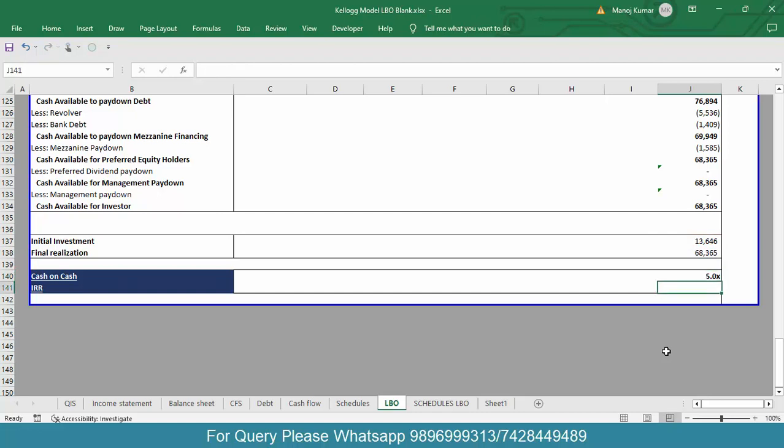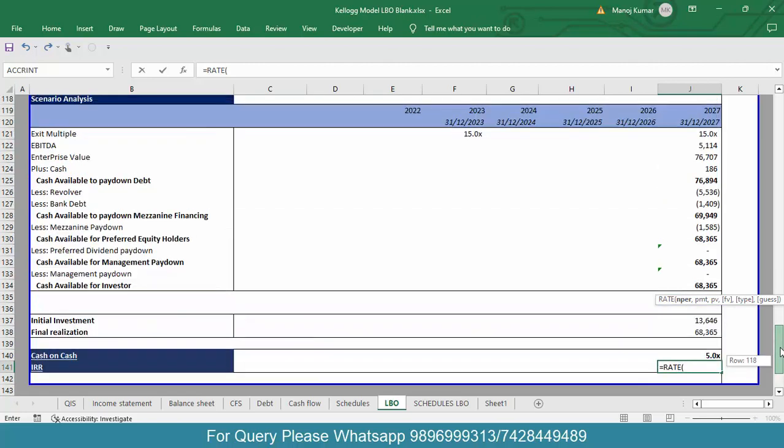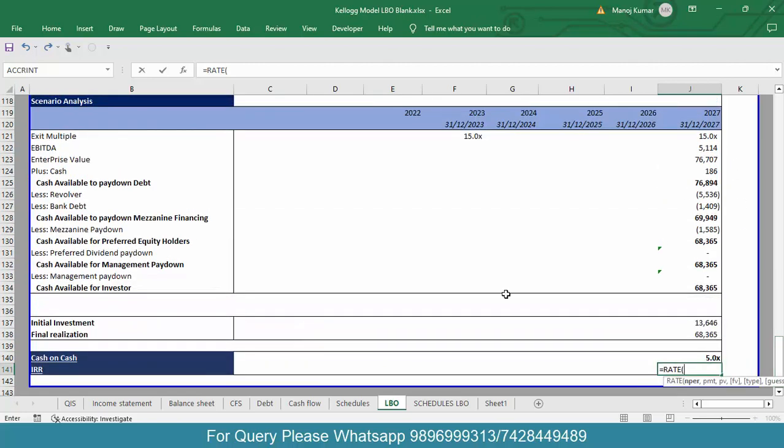Okay, what will be the rate of return? What will be the internal rate of return? What will be my IRR? For that we can use a function called rate. Now for NPER, I can simply type 5 because 5 years later on I am going to sell it, but we can put a formula also like this minus this, comma, PMT would be 0, comma, present value will be this, the investment amount, future value will be this amount.